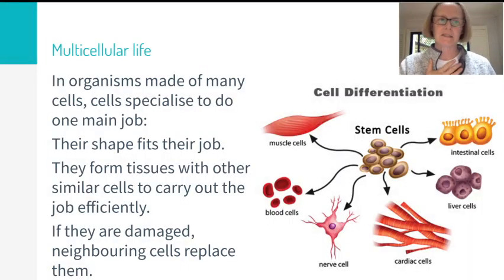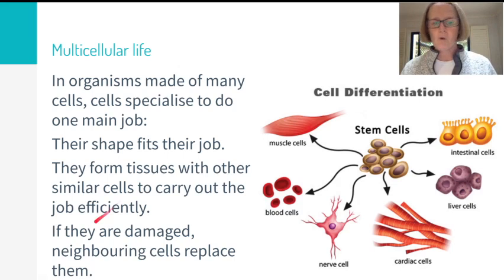So we are multicellular. We have many cells, and cells specialized to do individual jobs. This means that their shape fits their job really well. They can form tissues with other similar cells, and they can be really efficient at specializing in one job.